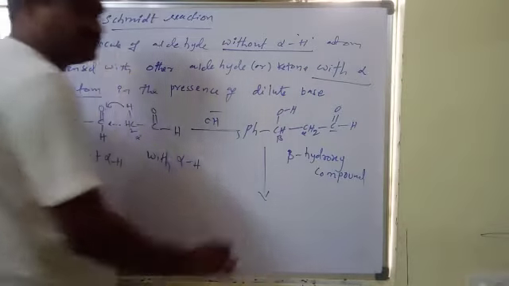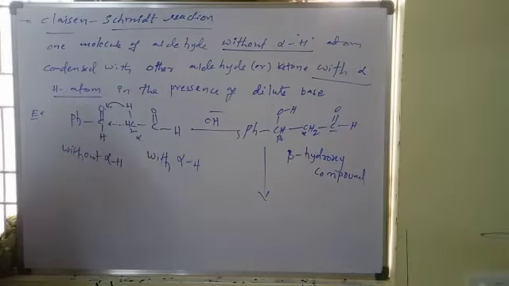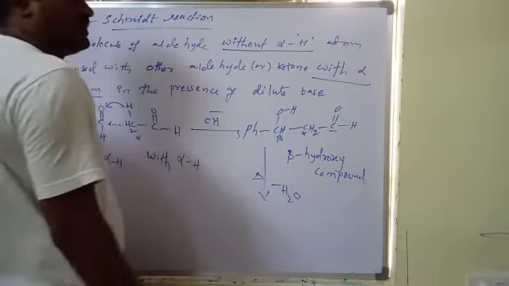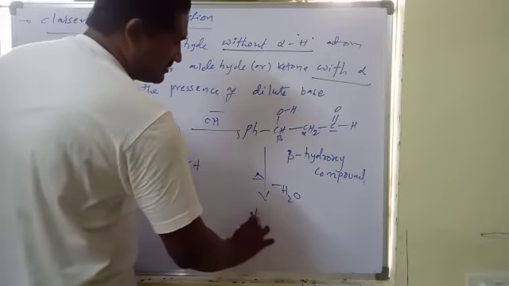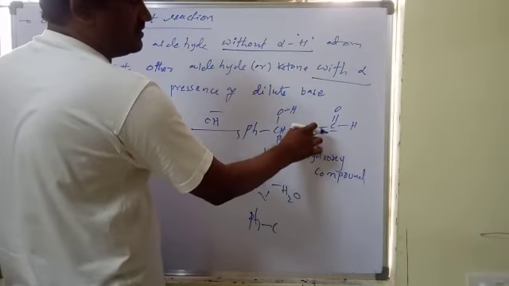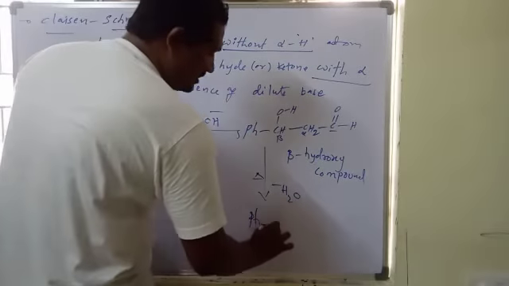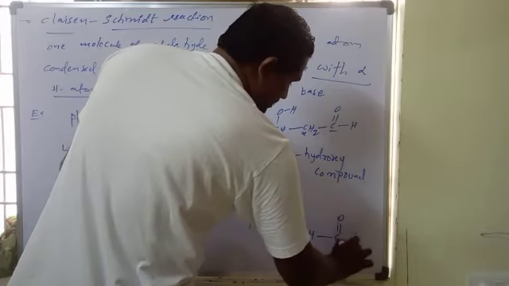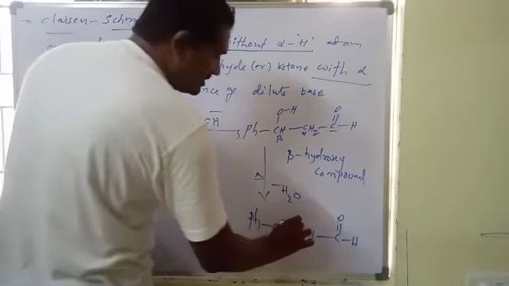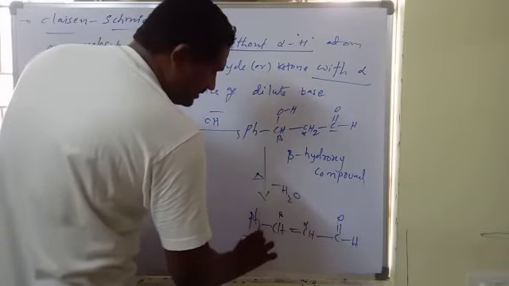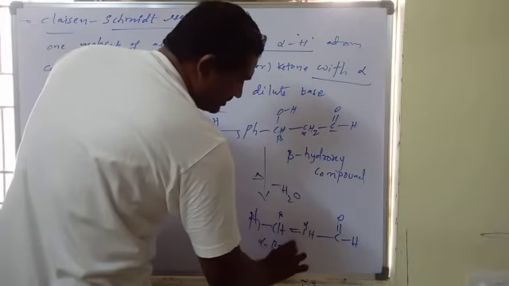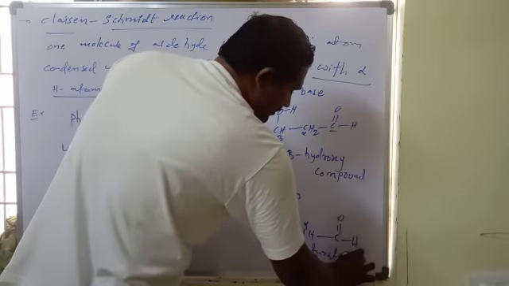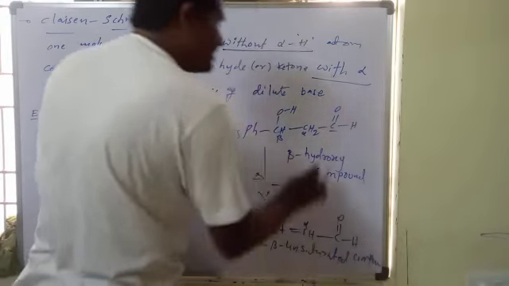This, upon further heating, loses water and forms an alpha beta unsaturated compound. The OH at the beta position and the H at the alpha position are lost, and it forms this alpha beta unsaturated compound.